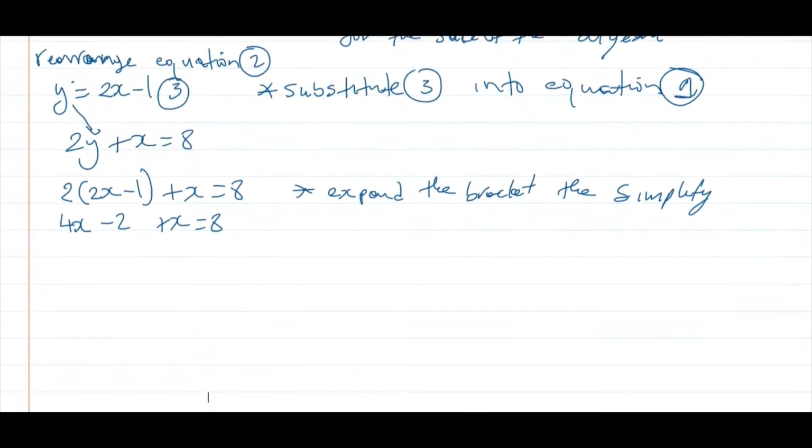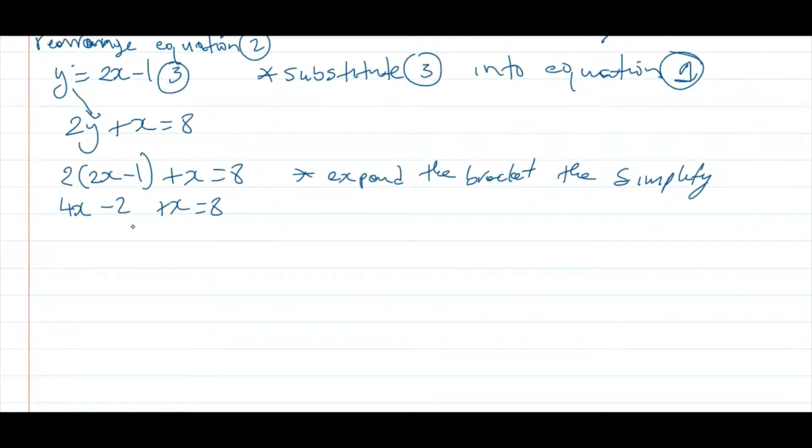Now we're going to add 2 to both sides and also simplify these like terms. So this becomes 5x. When you add 2 to both sides, the 2 here cancels, and it becomes 10. So x must equal 2, because 10 divided by 5.